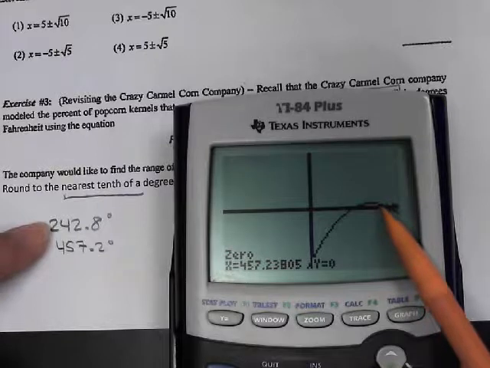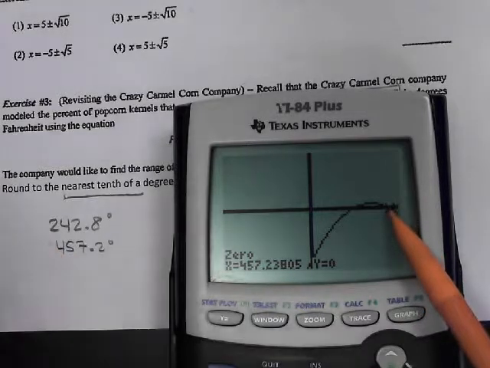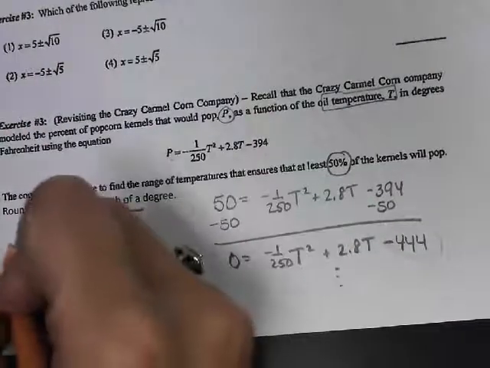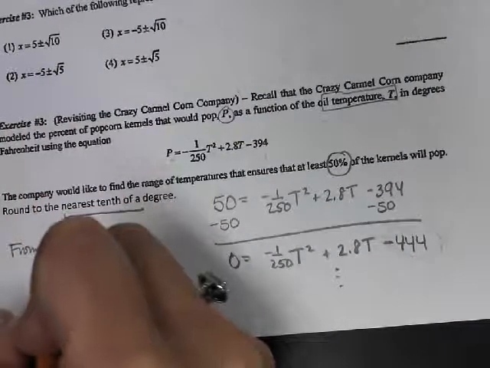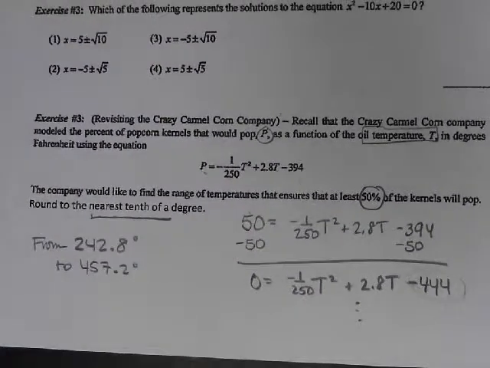We're all good in here, and then if we are cooking it over 457.2, all our kernels will be popped, but we would probably have way too many burned pieces. So this is the temperatures from there to there that would give us at least 50% of the kernels popping.